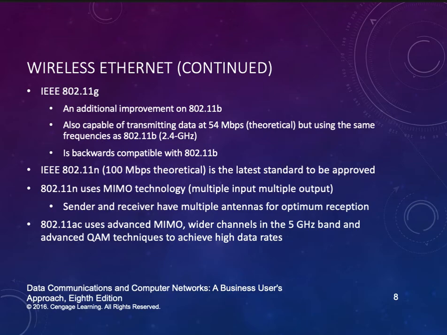It uses the MIMO technology, multiple in, multiple out, where both the sender and receiver have multiple antennas. For the 11ac, it uses a 5 gigahertz wider channel, and it's using the QAM technique, able to receive high data rates.